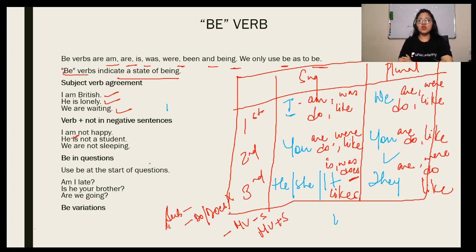The air does not has a lot of pollution. Right or wrong? Very good, Abhishek. The light do not switch off easily.